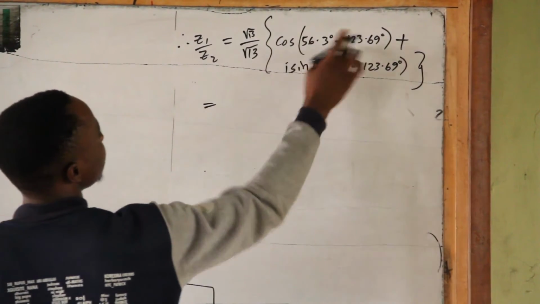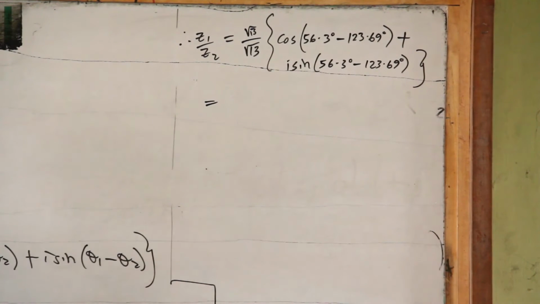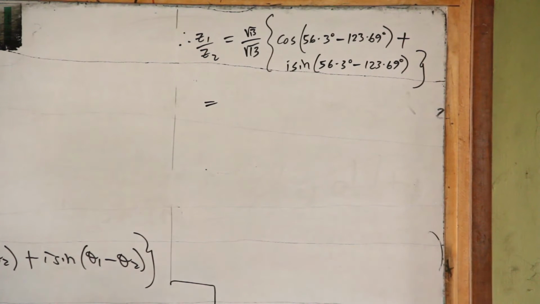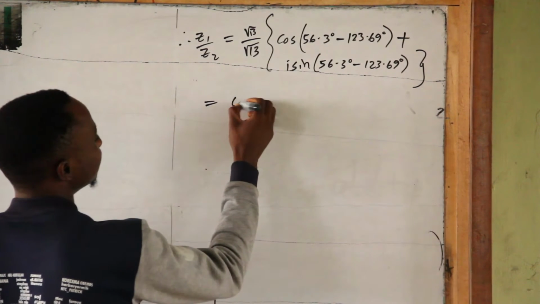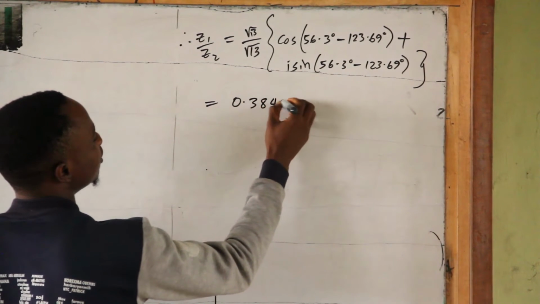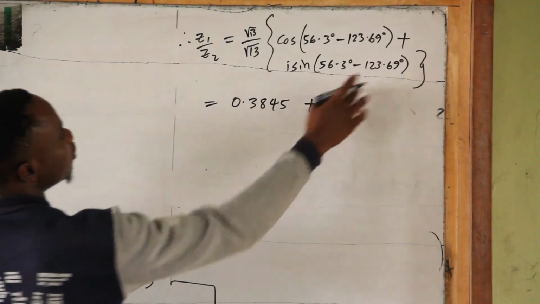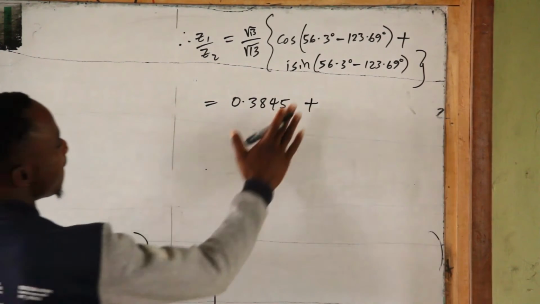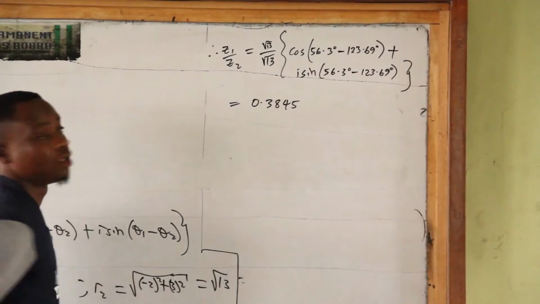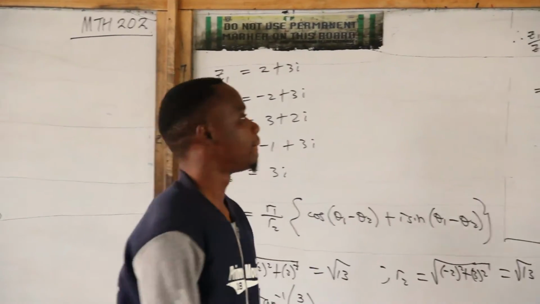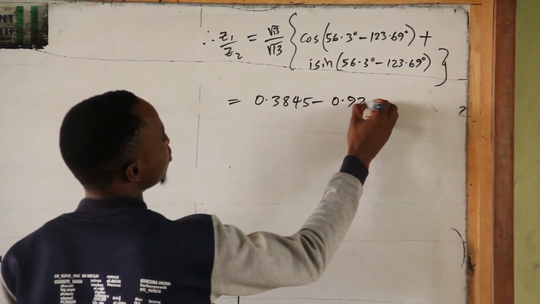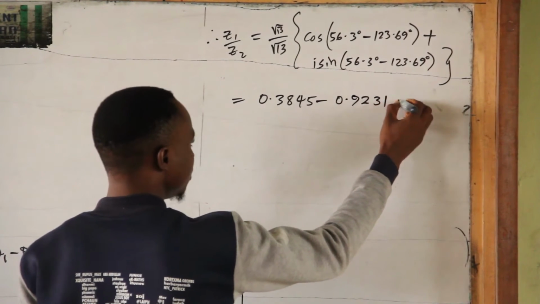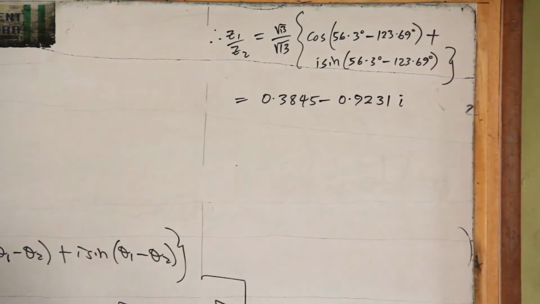And then what is cos of this? 0.38. And sin? Minus 0.92. Alright, so that's going to be your result.